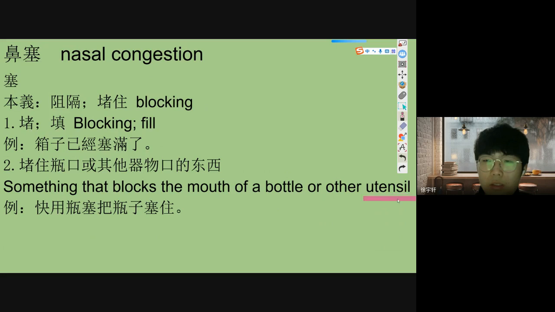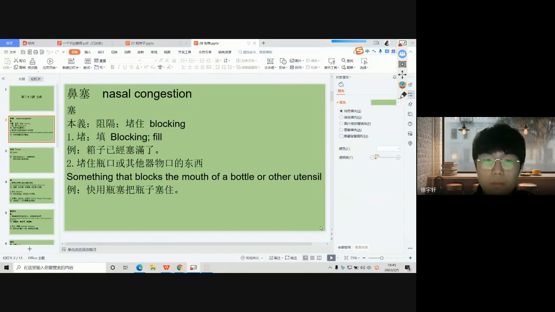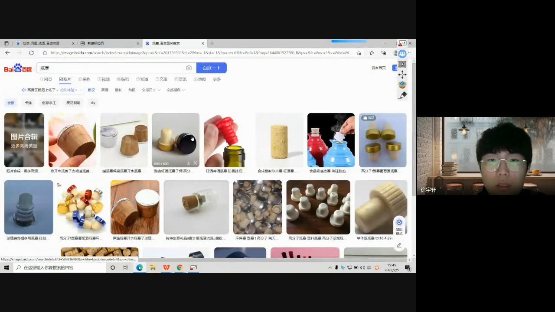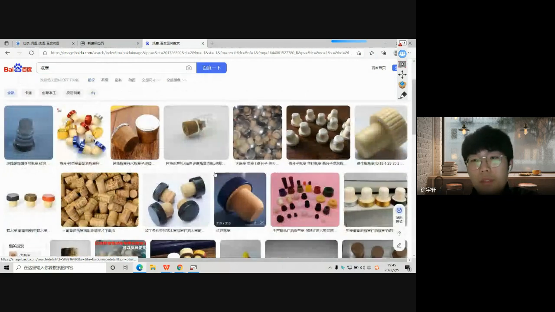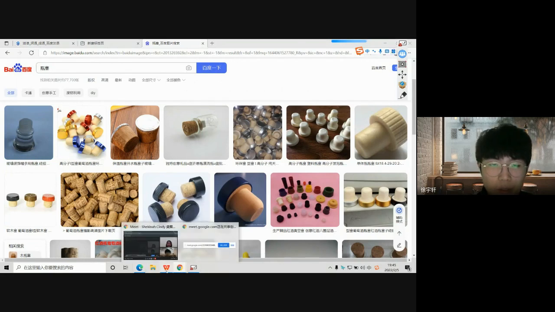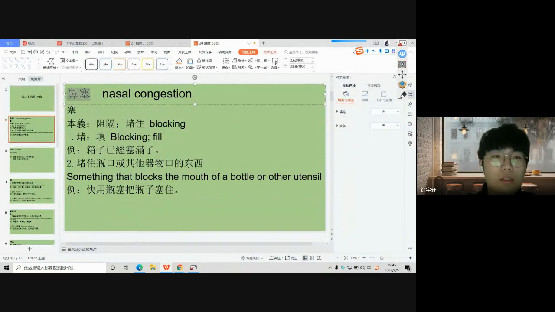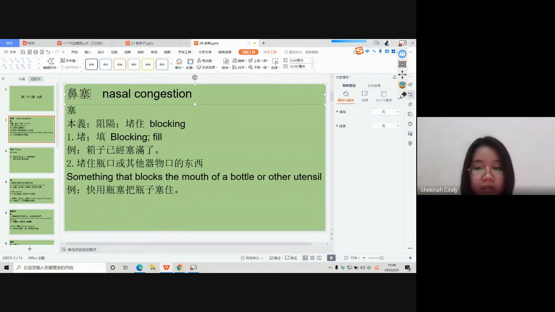It can't be glasses or cups; it needs to be a bottle. These things we call 塞子, used to prevent the liquid from coming out of the bottle. Okay, is 塞 good to understand? Can you understand 鼻塞 now?